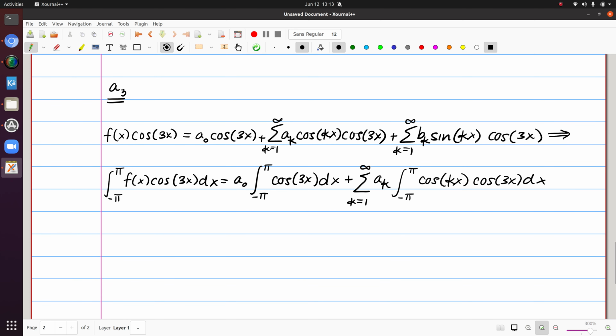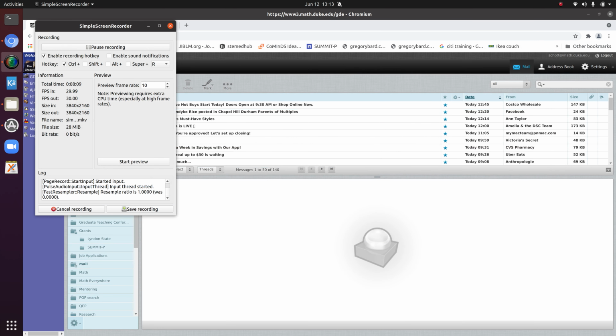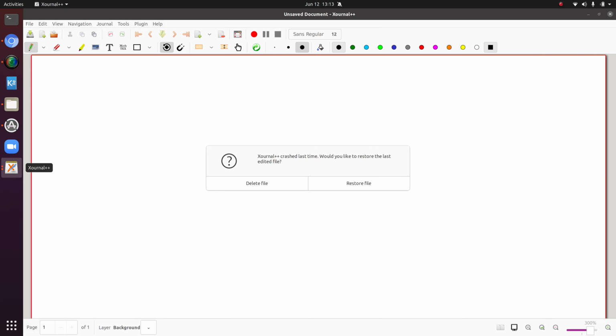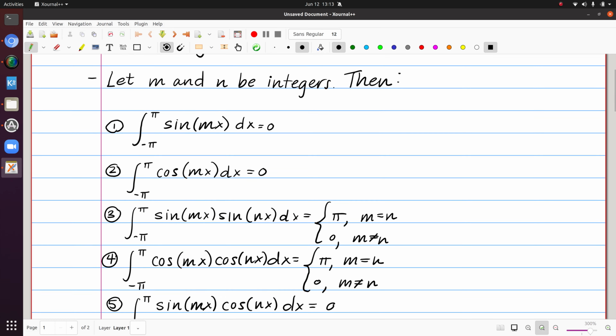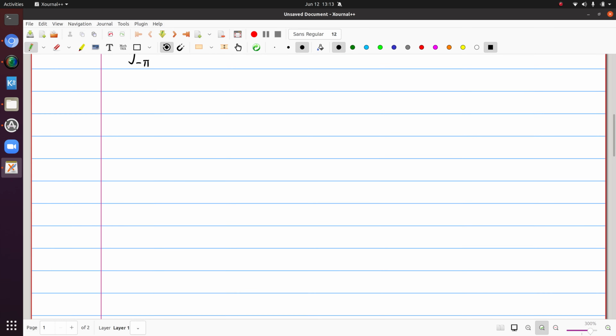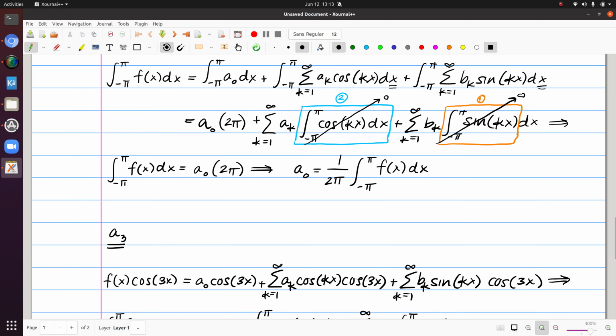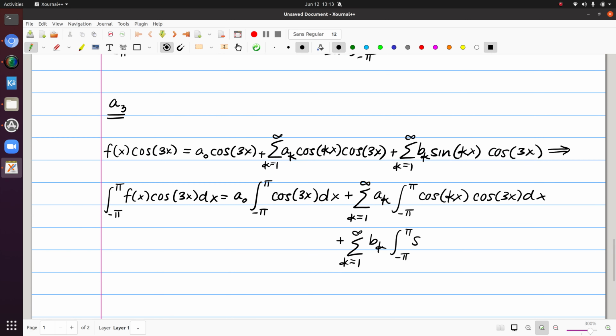And then finally, we will have the same kind of thing with this last term. This will now be the sum of b sub k times the integral from minus pi to pi of sine kx times cosine 3x.